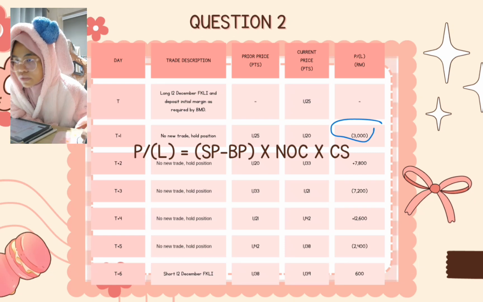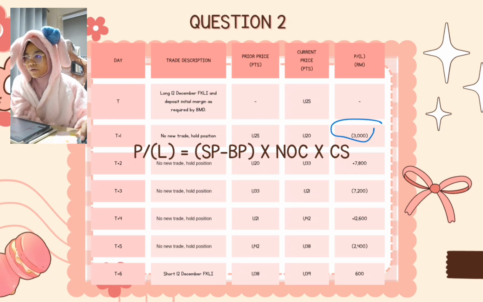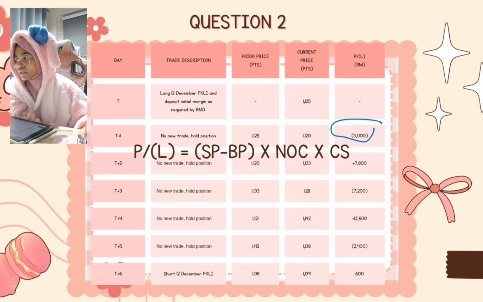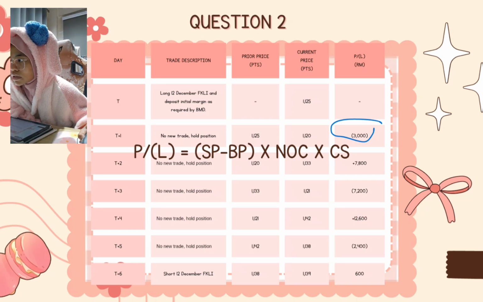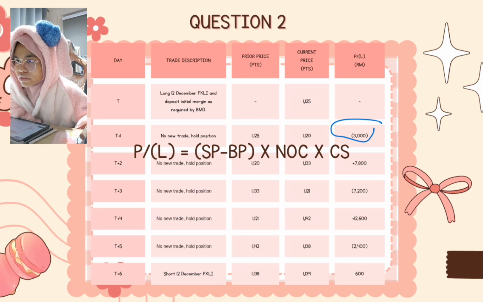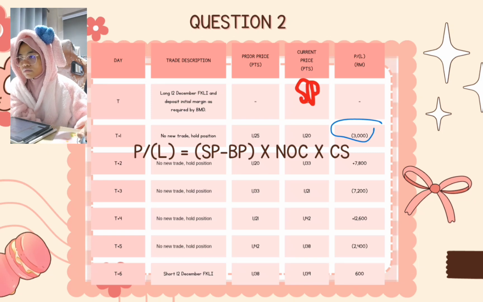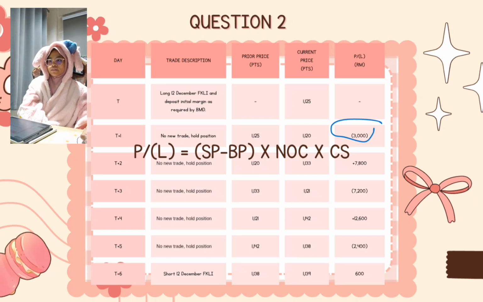Okay, so the current price is the selling price and the prior price will be the buying price.